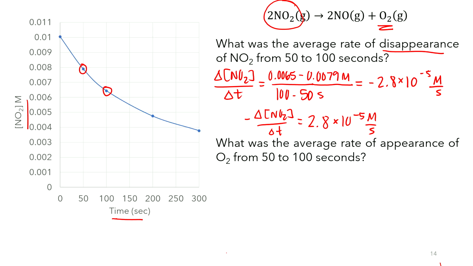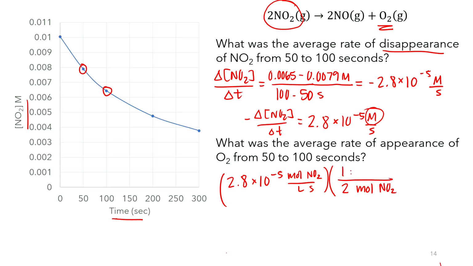The way I would write this out is to say 2.8 times 10 to the negative fifth, and that's in molarity. That's in moles of NO2 per liter over seconds, okay? Then I'd say, for every 2 moles of NO2, I make 1 mole of O2.